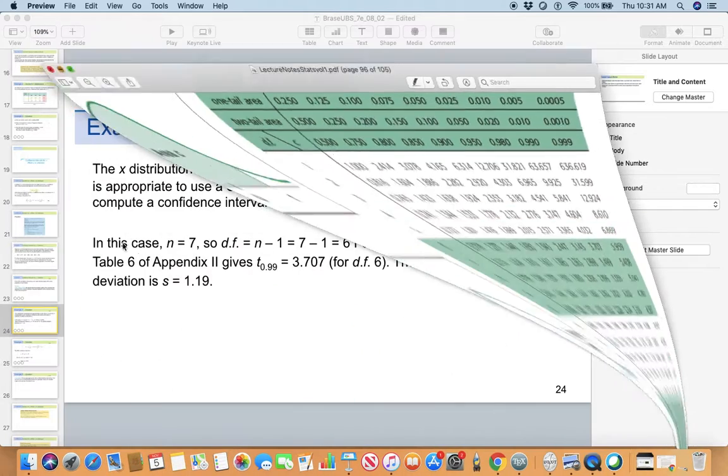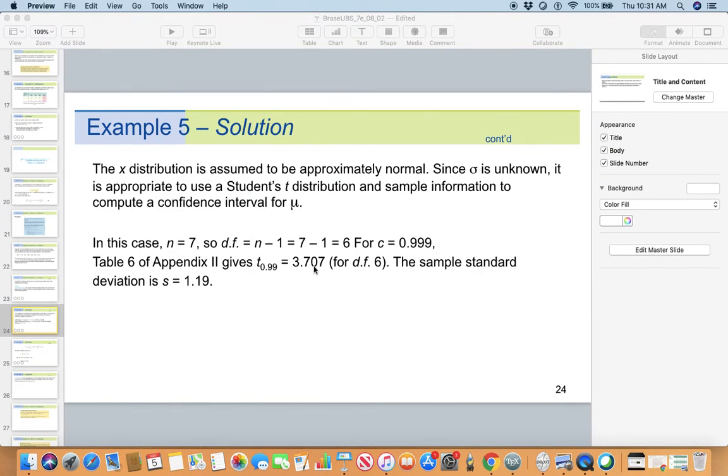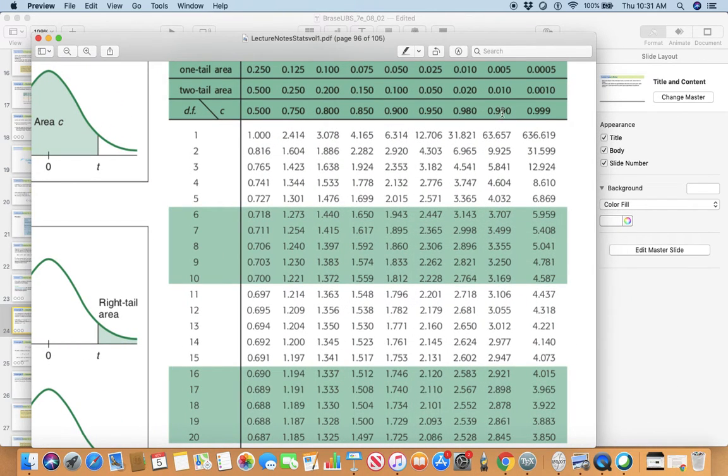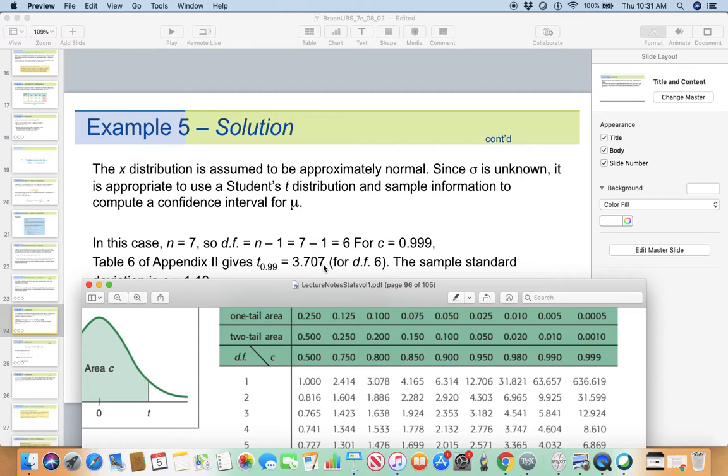Okay. So, oh, I'm sorry, that's incorrect. The confidence level is 0.99. So let's figure that out. 0.99 is here. Degrees of freedom is 6. So I get 3.707. There you go.